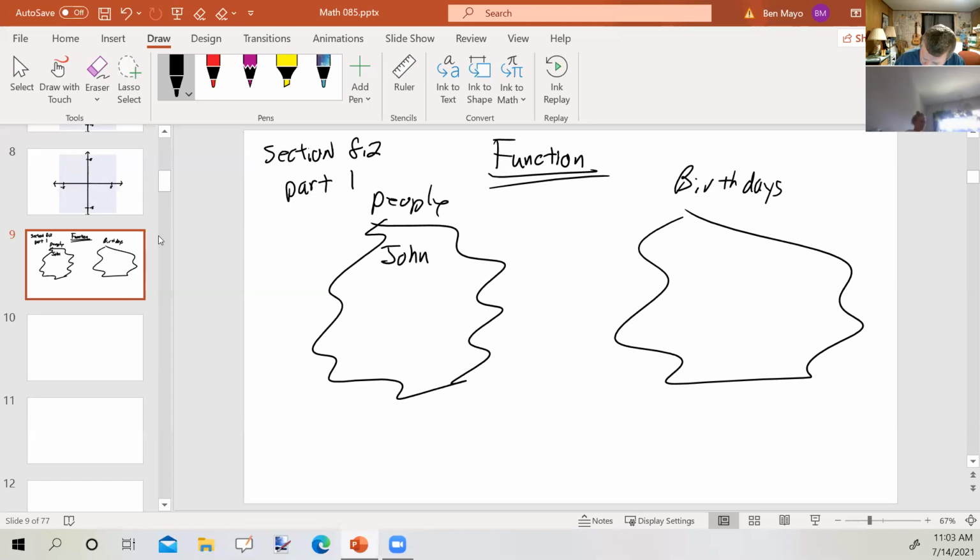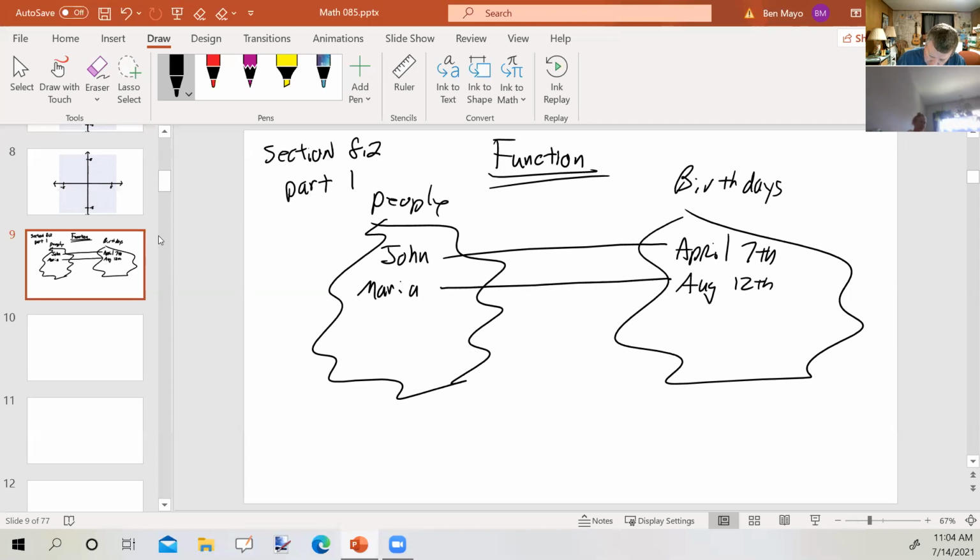John's birthday was April 7th. Maria's birthday was August 12th. Jose's birthday was May 5th. And Sam's birthday was also August 12th.